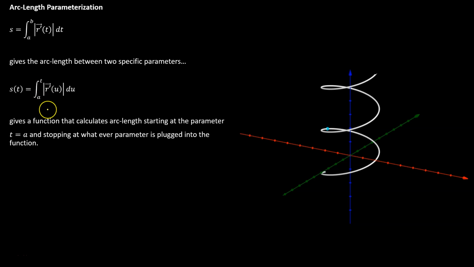This way we can create a function that calculates arc length starting from that specific point A, but going as far down the parameter as we'd like. I have a little animation to show you what I mean. I have a vector curve plotted here in white, and I have a starting point plotted in blue. And if I were to show you that I'm calculating arc length with t allowed to move forward, then our arc length can go as far up along that curve as we want.